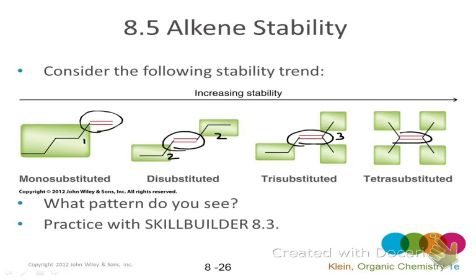And this double bond has 4 substituents. So we talk about the degree of substitution of the double bond. This has 4 degrees of substitution. This has 1 degree of substitution. 4 degrees of substitution is more stable. Okay, where have you heard that kind of terminology? More substituents, it's more stable.